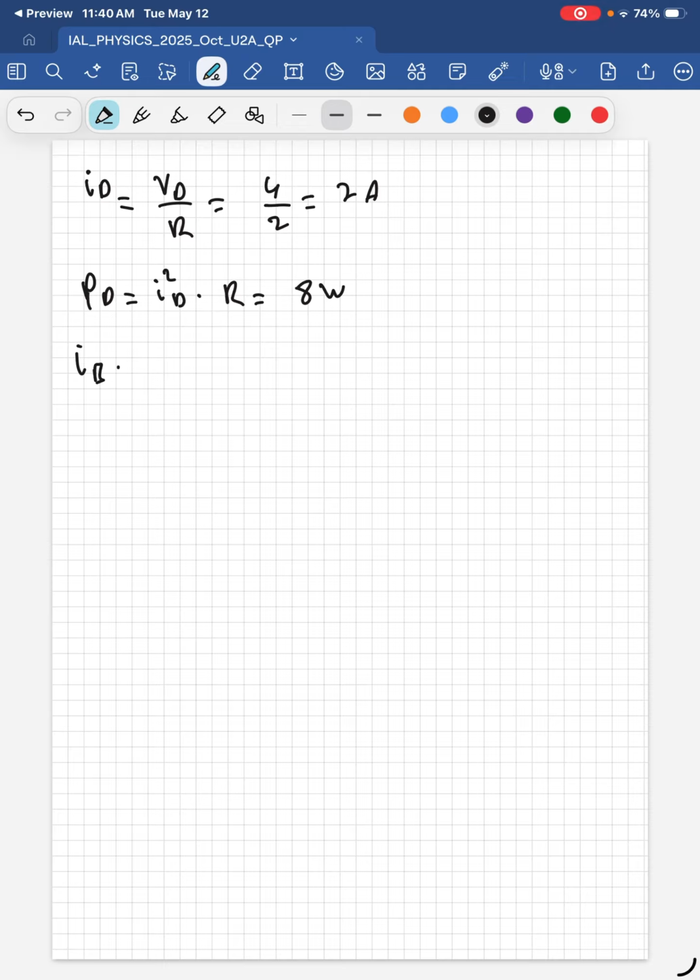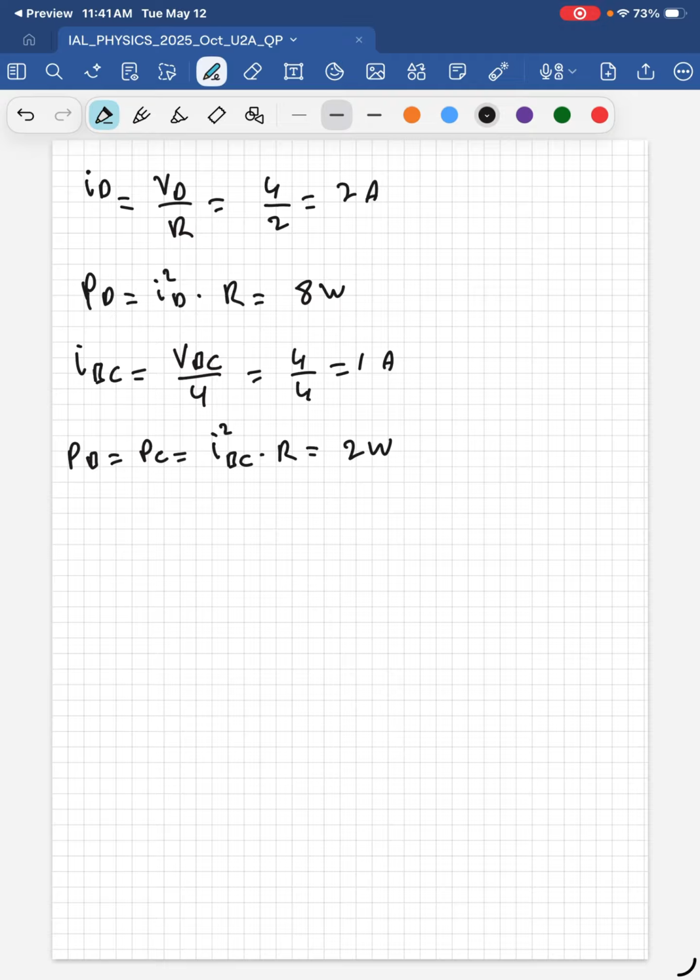And now the current across the combination BC is going to be equal to V_BC over 4, because now this current passes through 2 resistances. So we have 4 over 4, which is 1 amp. So the power across B is equal to the power across C. It's going to be I_BC squared times R, so just 2 watts.